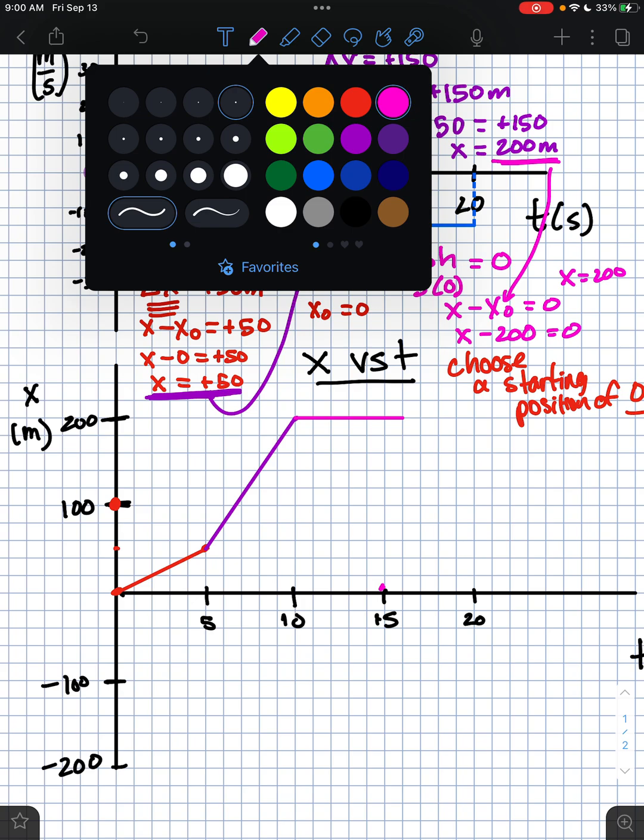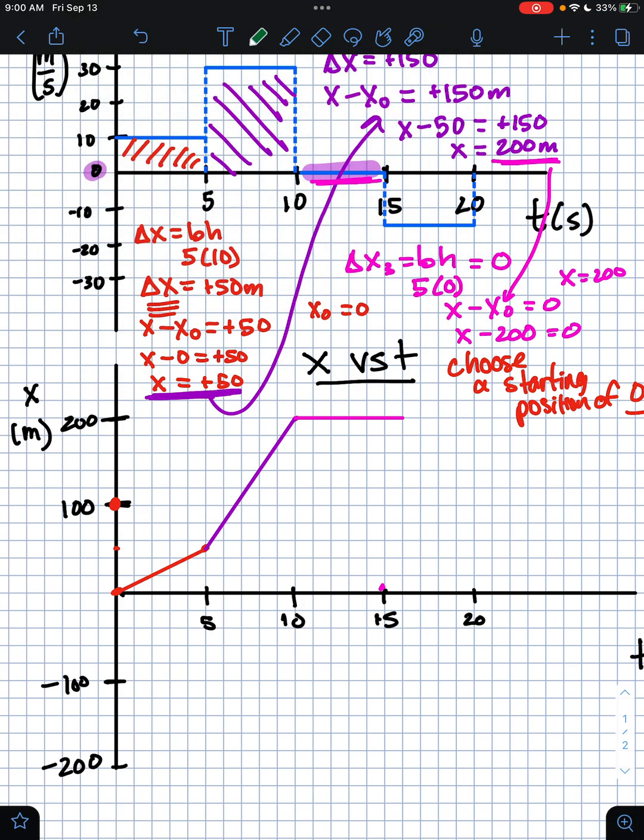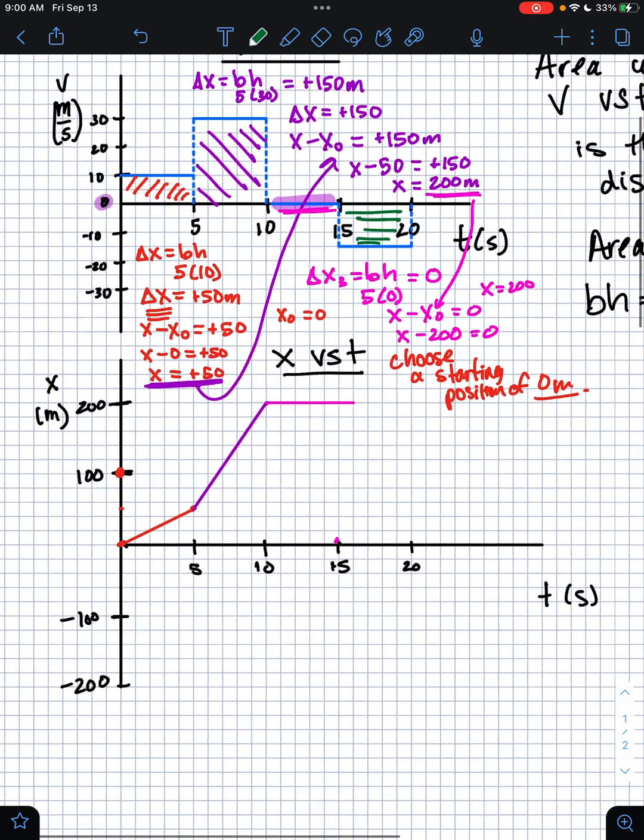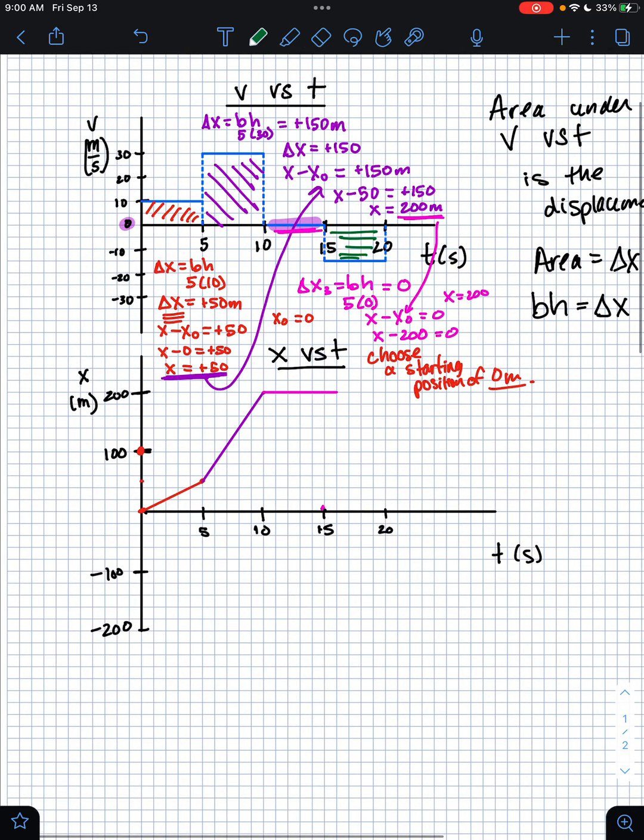The last section of the graph is going to be from 15 to 20 seconds. And I'm going to do the same analysis where I have to find the area under the graph in order to find my displacement. And so for this last section here, the area under the graph for my displacement is the base times the height. I'm writing my equation first.